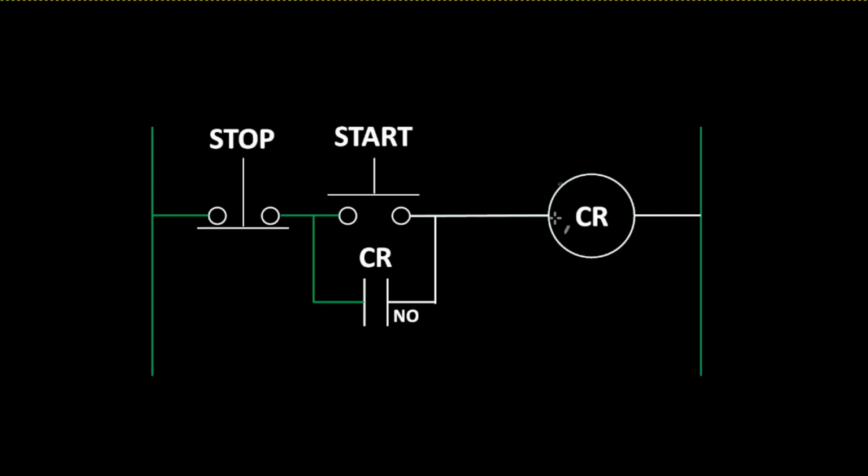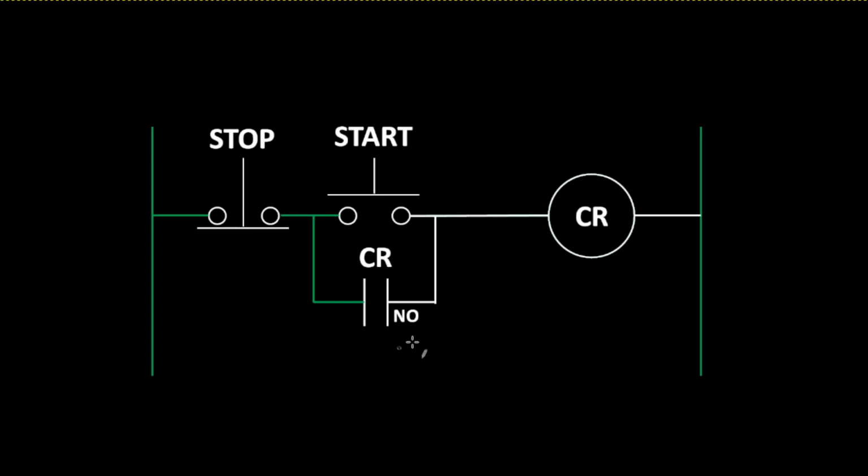When CR's coil is energized, its contacts are going to change state. So the normally open contacts associated with CR are going to close, and the normally closed contacts associated with CR are going to open.